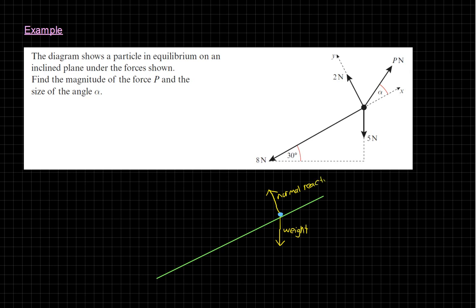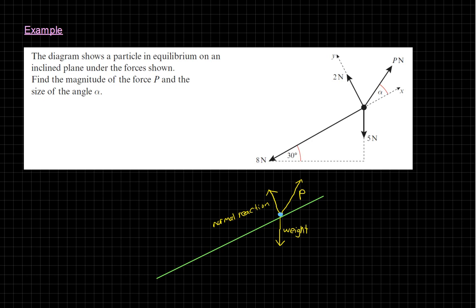The P going up that way, I don't know what that P is. A typical question like this would probably say somebody's put a string on the ball and they're pulling the string.